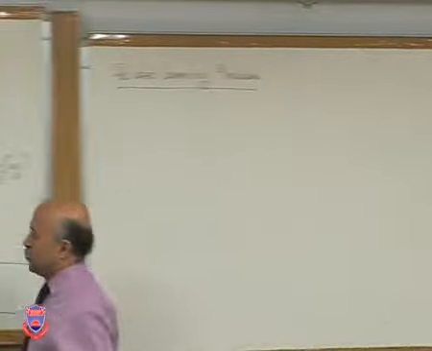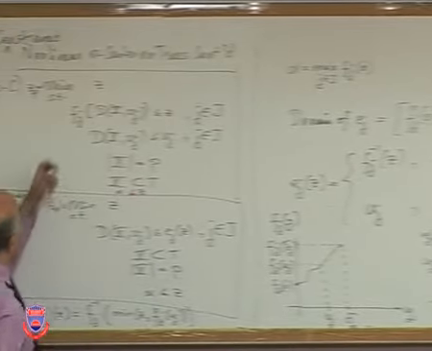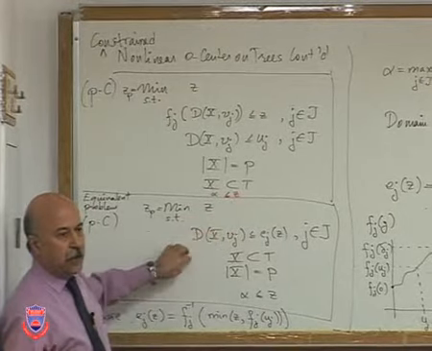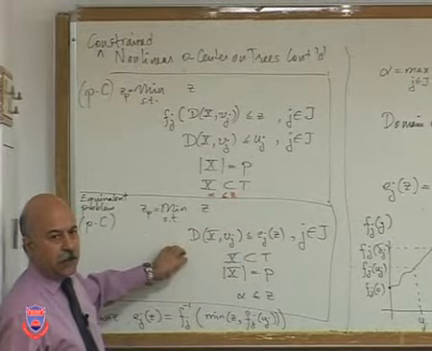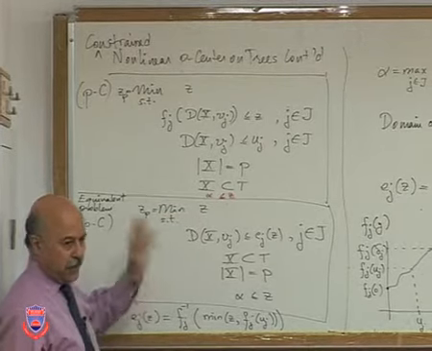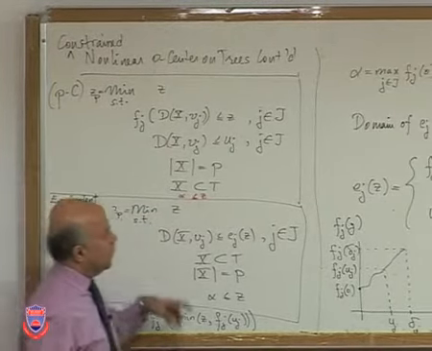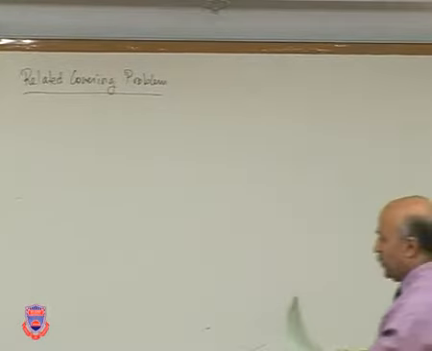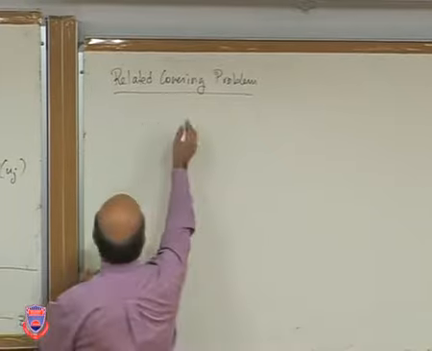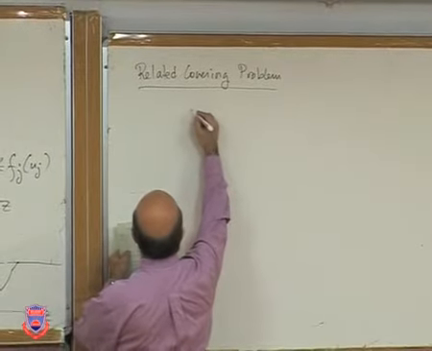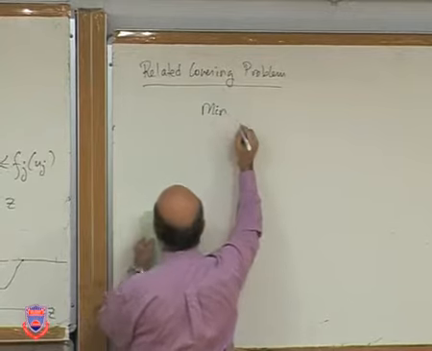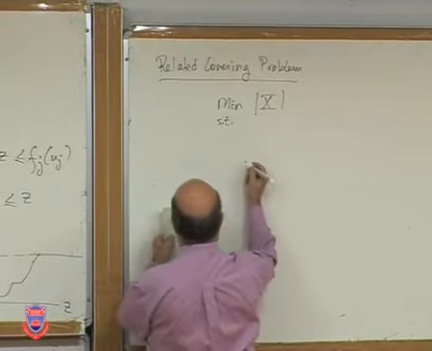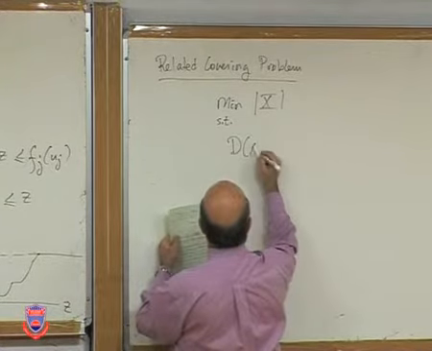Now, as usual, we want to solve the p-center problem, this version of it, by solving a sequence of covering problems. Not set covering, but just covering problems. For the covering problem solution, of course, we're going to use the same algorithm that we've used before. So the related covering problem is the following. You try to minimize the cardinality of x subject to the same constraints.